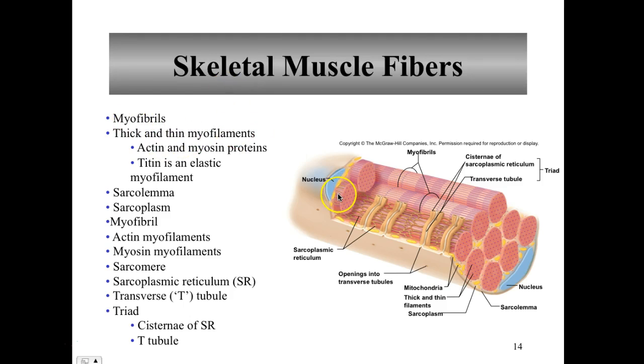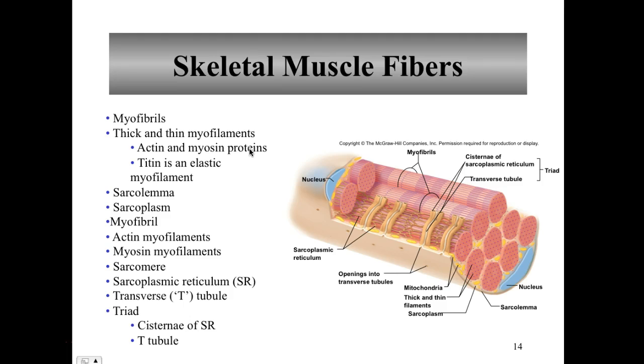Each myofibril is then composed of two types of proteins, ones that we call the thick and thin filaments. And what we see here is the thick filaments are composed of the protein myosin, and the thin filaments are primarily composed of the protein actin. So the thick and thin myofilaments are composed of the actin and myosin proteins.